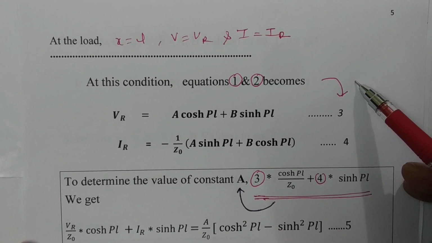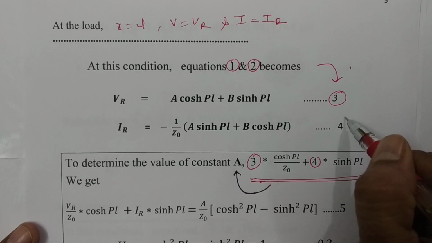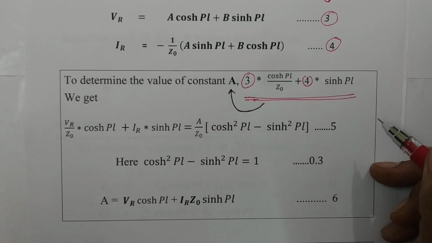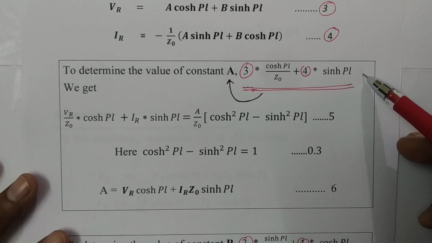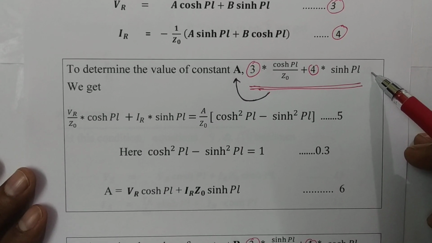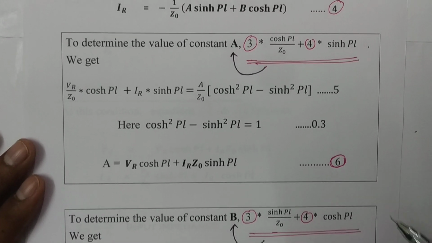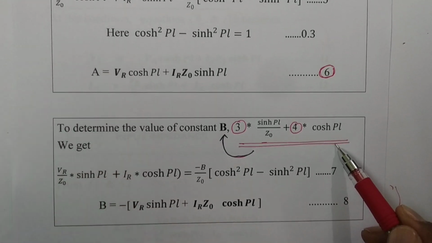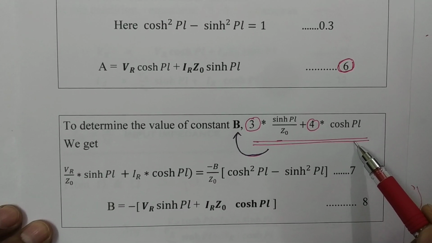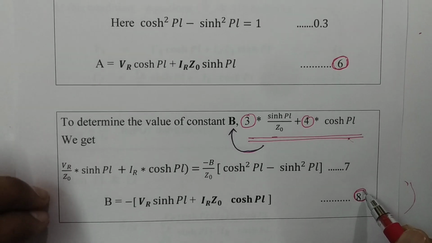At this condition, equations 1 and 2 become 3 and 4. From this condition, constant A can be determined and it is given by equation 6. From this condition, constant B can be determined and it is given by equation 8.